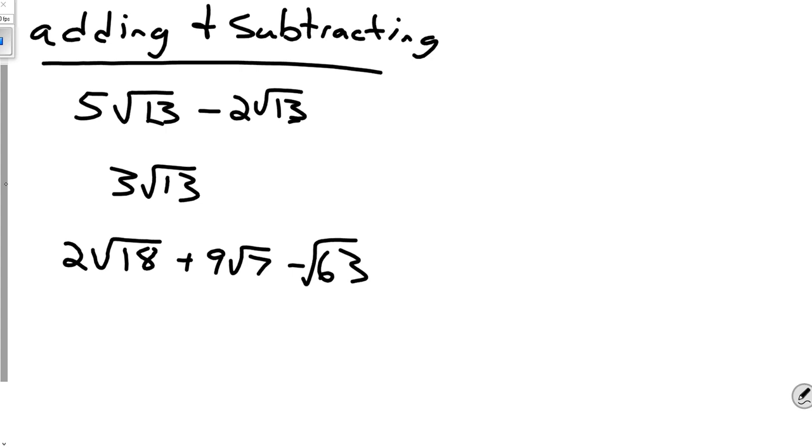Okay? So none of these are the same, right? So in theory, we don't do a thing. But these can all be simplified. Remember, you use numbers you know the square roots of.